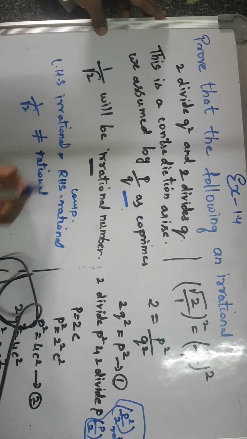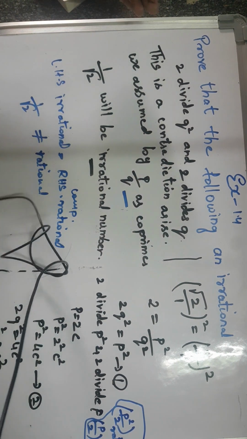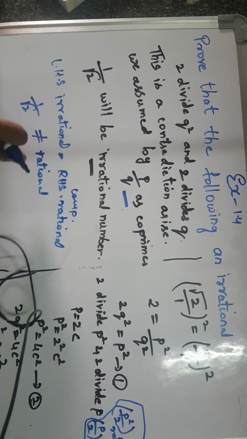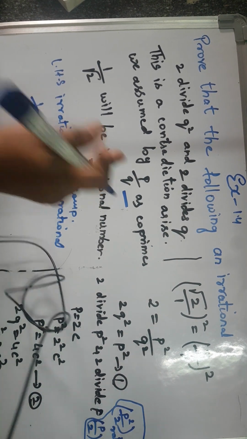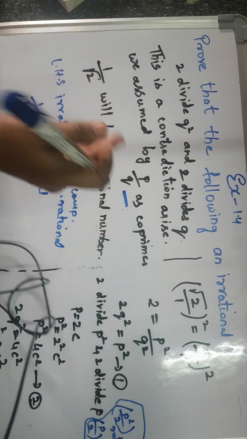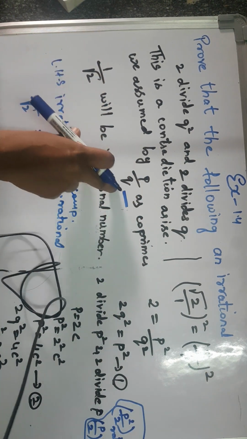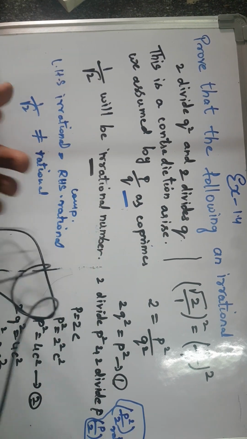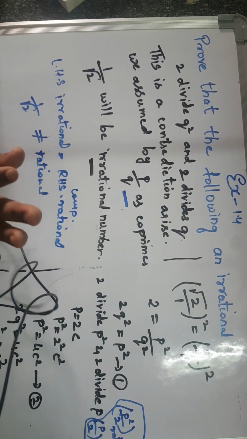So this is the first statement we have to prove: LHS equals RHS. But here LHS is not equal to RHS. That is why this contradiction arises, due to our wrong assumption that 1 by root 2 is a rational number. That's why 1 by root 2 will be only an irrational number.